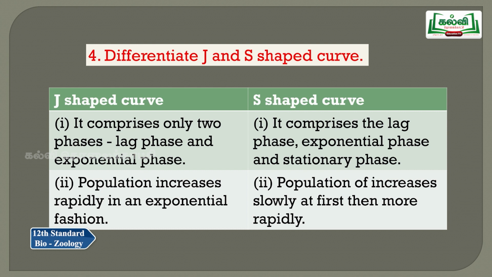The second point is that the population increases rapidly in an exponential fashion, that means they grow very fast, and the population in the S shaped curve increases first slowly and then rapidly, and then slowly comes down. So, we have all 3 phases, the lag phase, exponential phase and stationary phase, in the S shape.